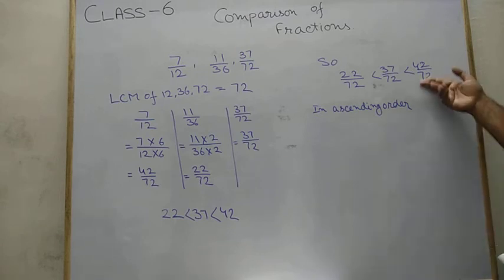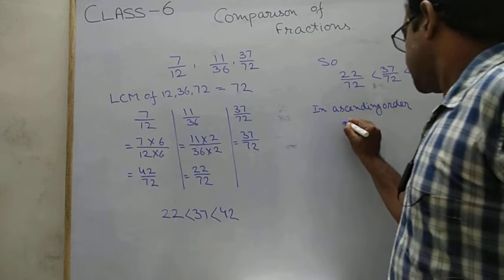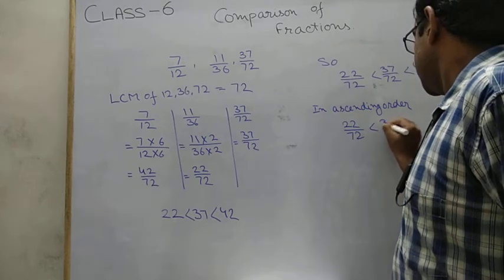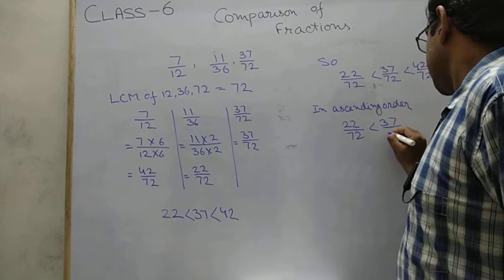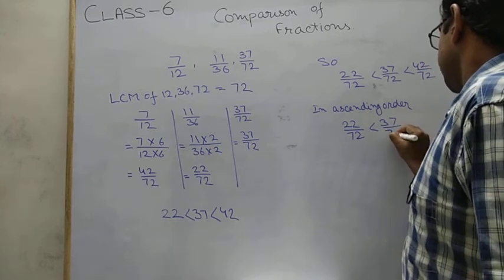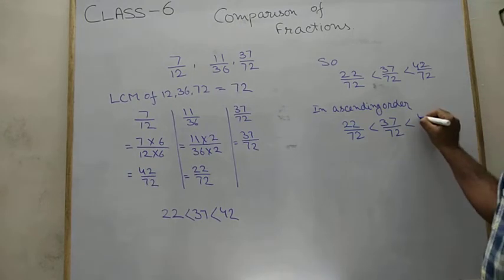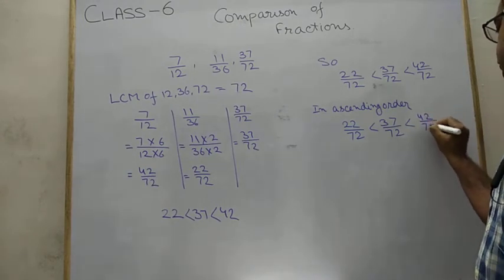So 22 upon 72 is smaller than 37 upon 72, and this is smaller than 42 upon 72.